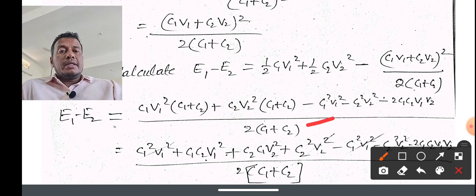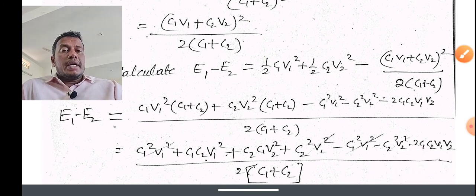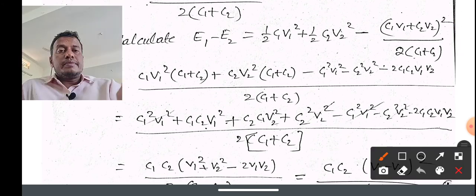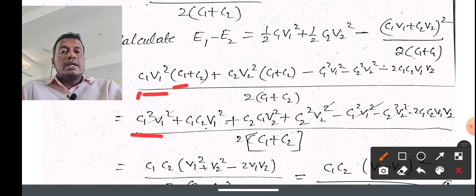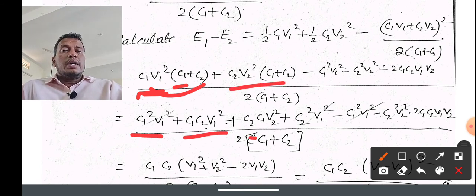On simplifying, let me multiply this equation again: C1 square V1 square, this equation with C2, that is C1 C2 V1 square, and this equation C2 C1 V2 square and C2 square V2 square, and the remaining equations.